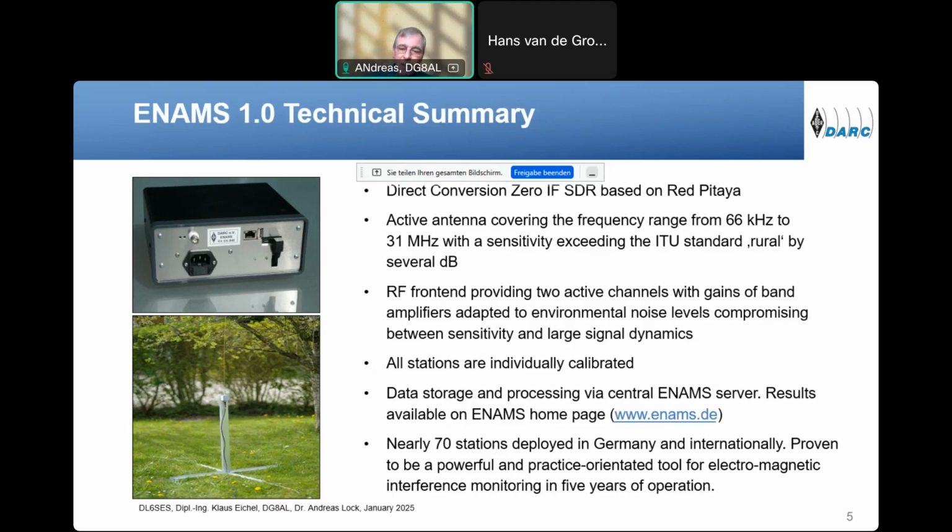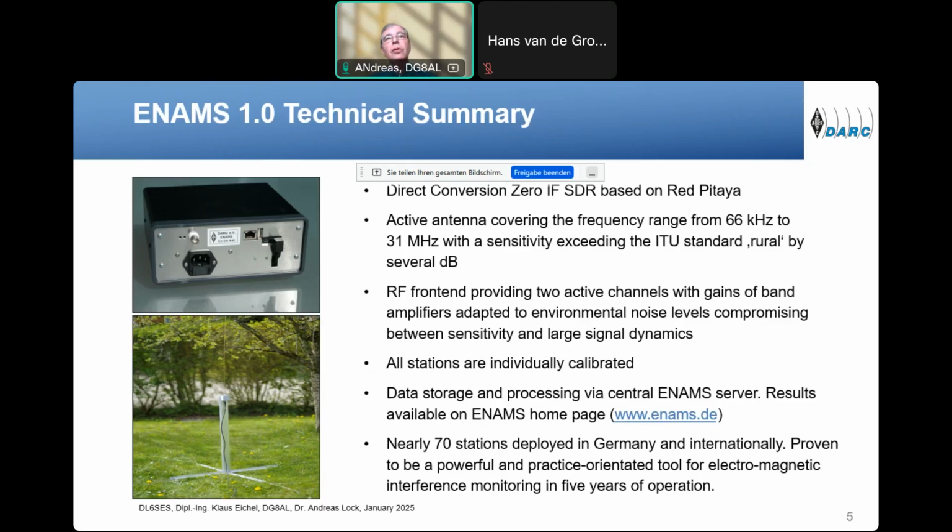All stations, and I think this is important, all stations are calibrated individually. So Klaus does, let me say, a calibration measurement with a special device before the receivers are shipped. So data storage and processing is done via a central ENAMS server, and the results are shown on the ENAMS homepage, which can be reached under www.enams.de.